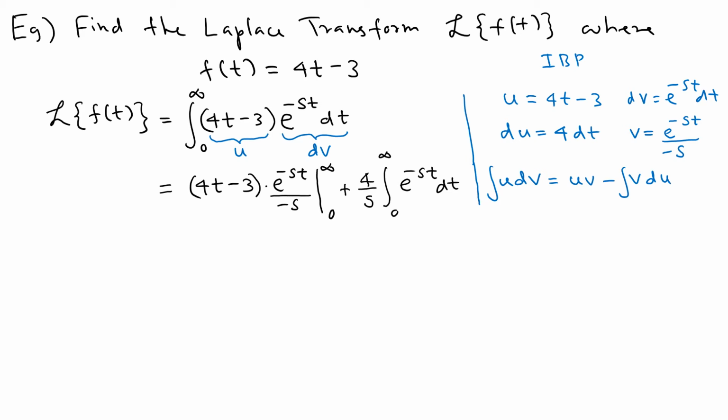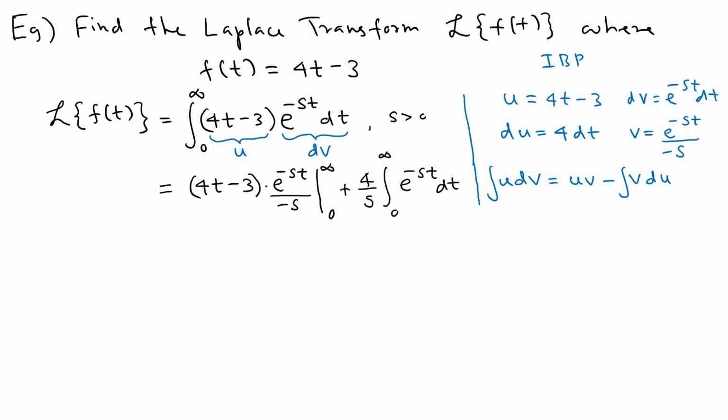When t goes to infinity, e to the minus st goes to 0, because it's an exponential function with a negative power. We assume that s is positive. So one factor goes to infinity and one goes to 0, so we don't know the result.